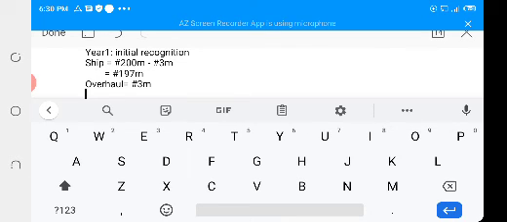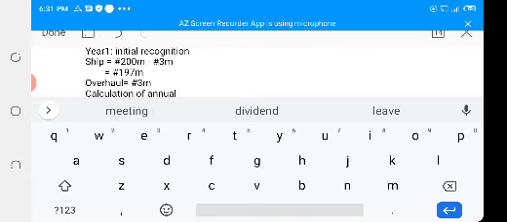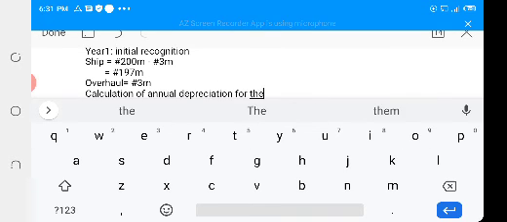Now, the calculation of annual depreciation for the 3 years.